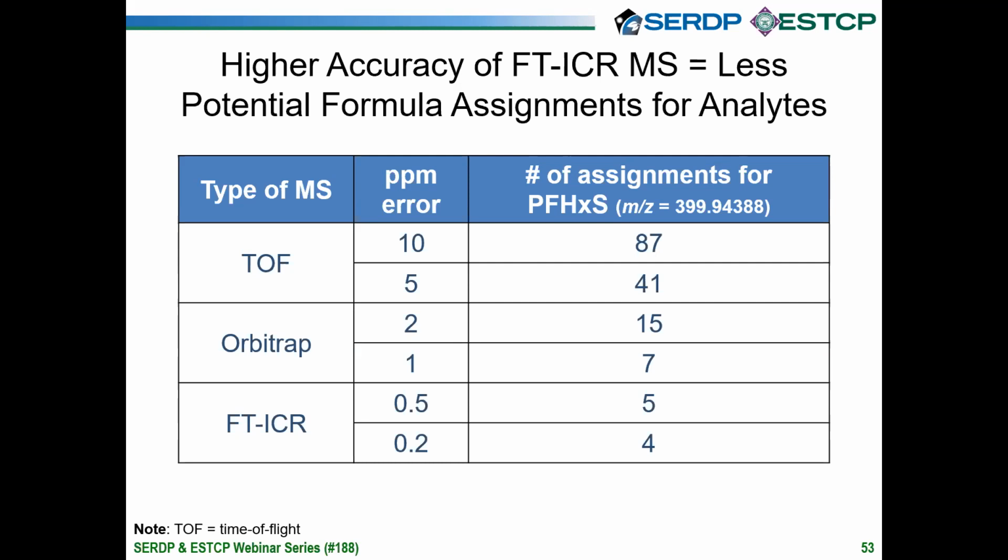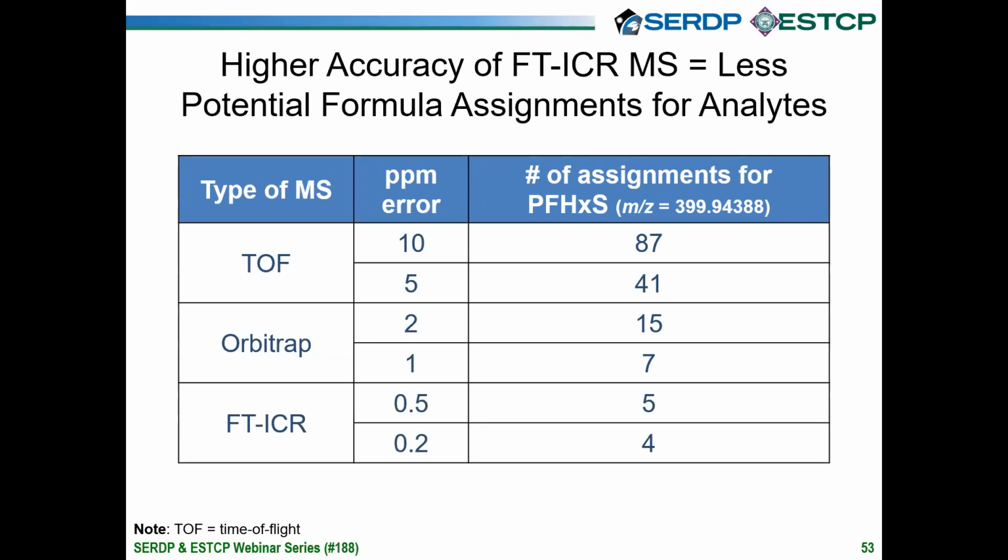So you really would have no idea what you're looking at, or a really large number of PFAS that you would have to choose from. An Orbitrap mass spectrometer can realistically get down to a ppm error of about 1 to 2, and that limits the potential number of assignments for your analyte in this example to right around 10, so 7 to 15 somewhere. Easier to handle, but there's still uncertainty.